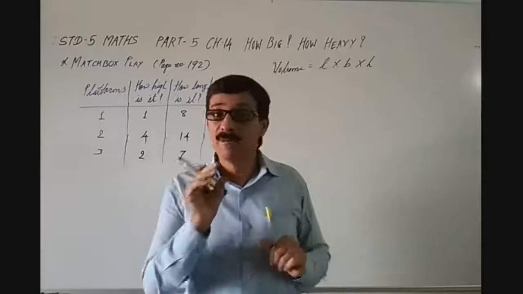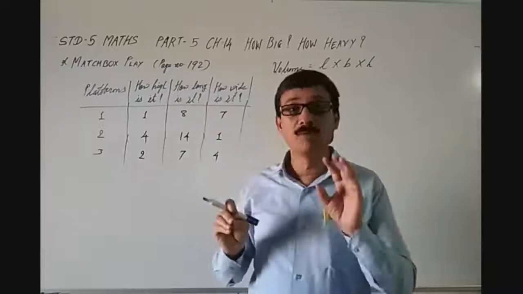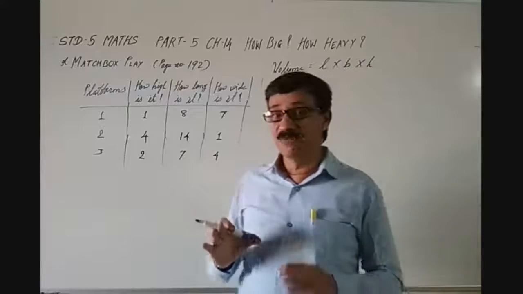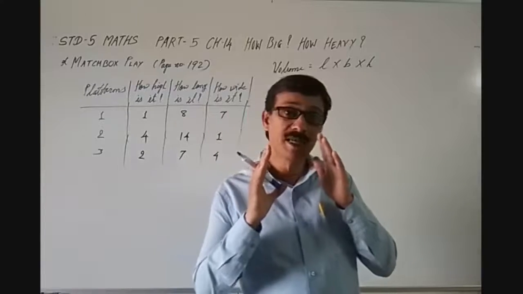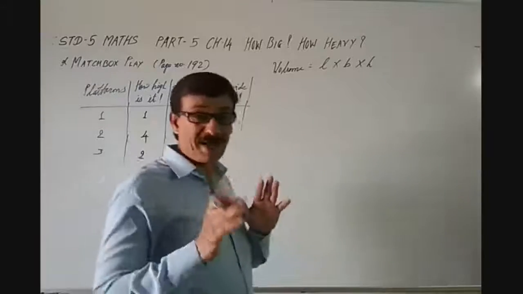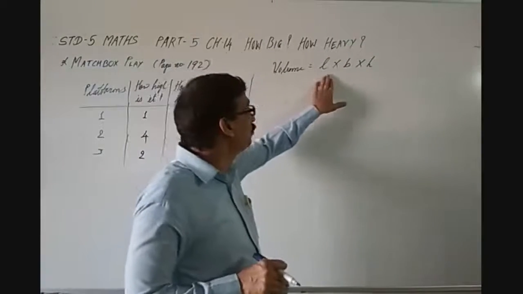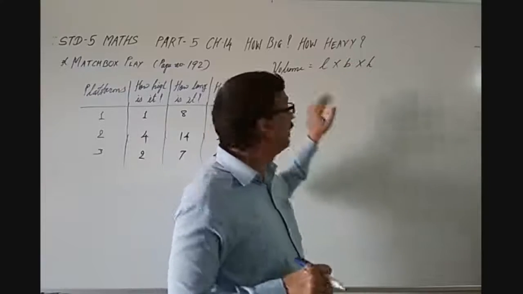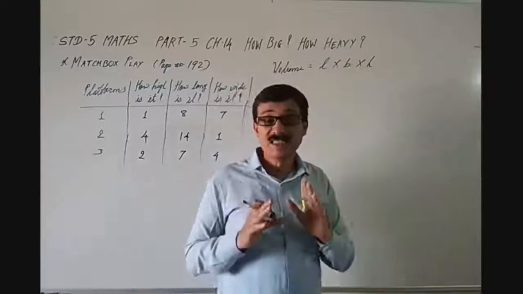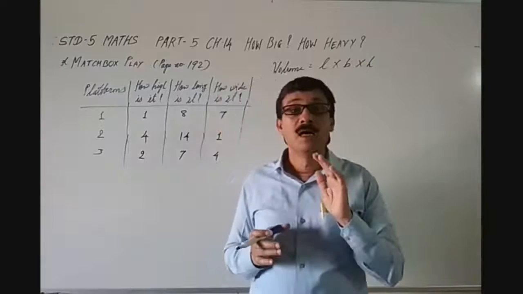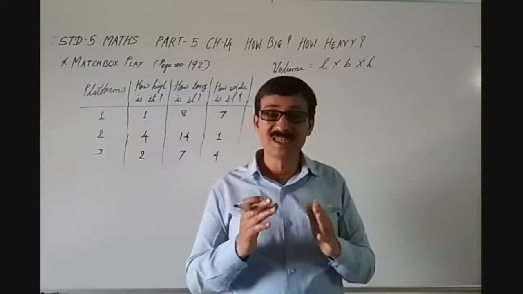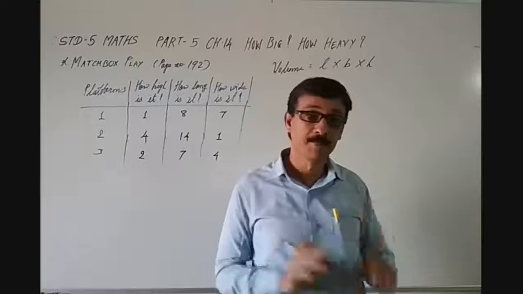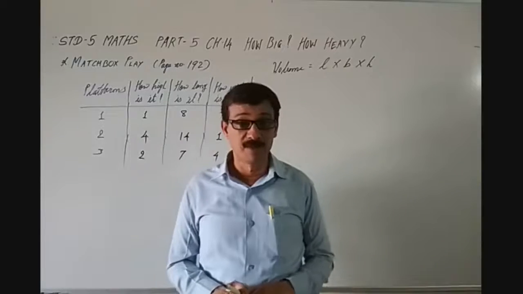In the last part I gave you the formula: volume is equal to length L, breadth B, height H. L multiplied by B multiplied by H. This is the formula to find the volume of objects like cubes and cuboids. Only cubes and cuboids.